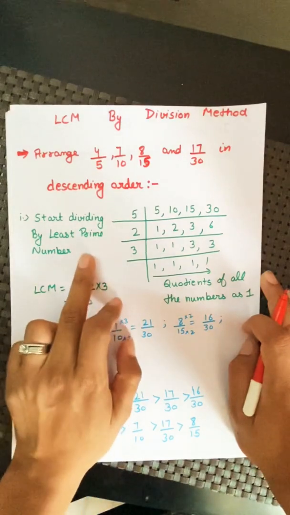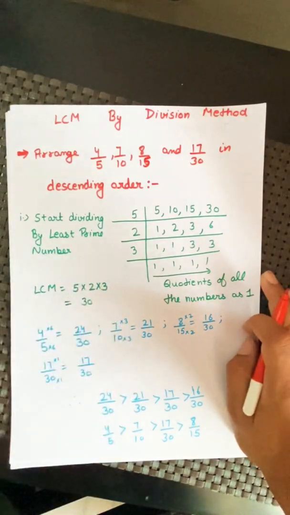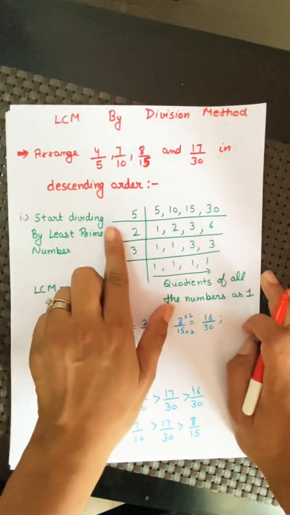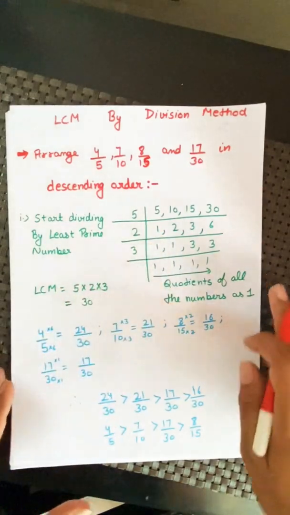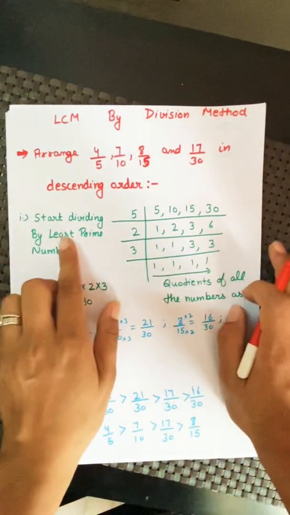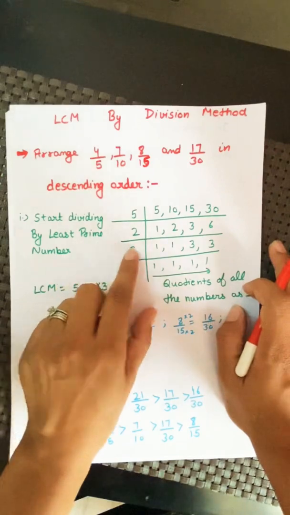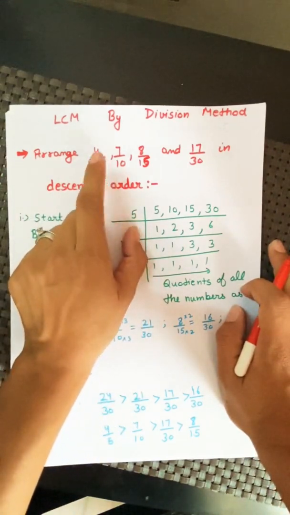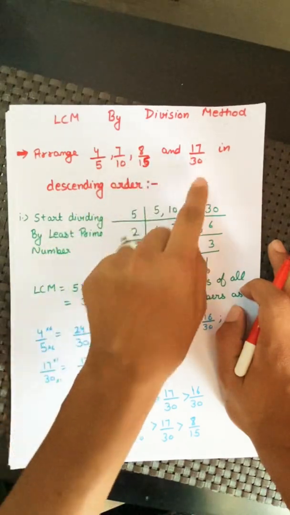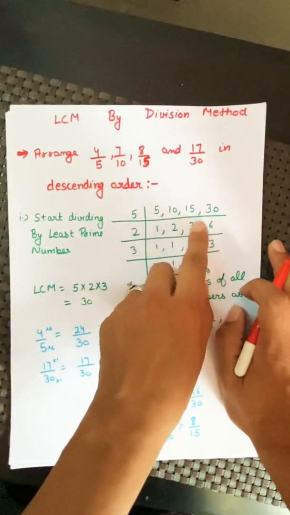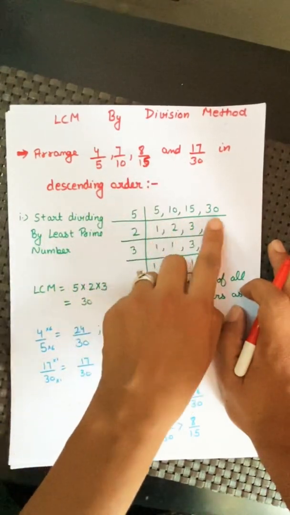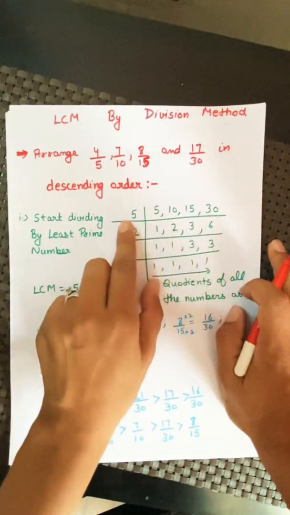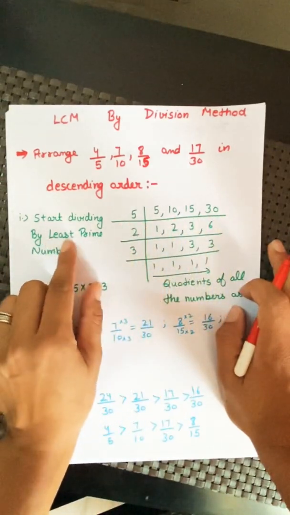For converting into like fractions, we have to find the LCM. How we can find the LCM is, we arrange the denominators 5, 10, 15 and 30 in a row with commas in between, just the way I did, and start dividing by the least prime number.